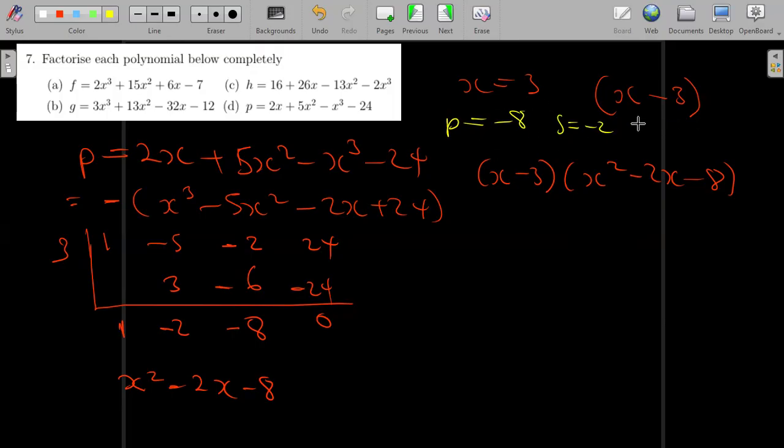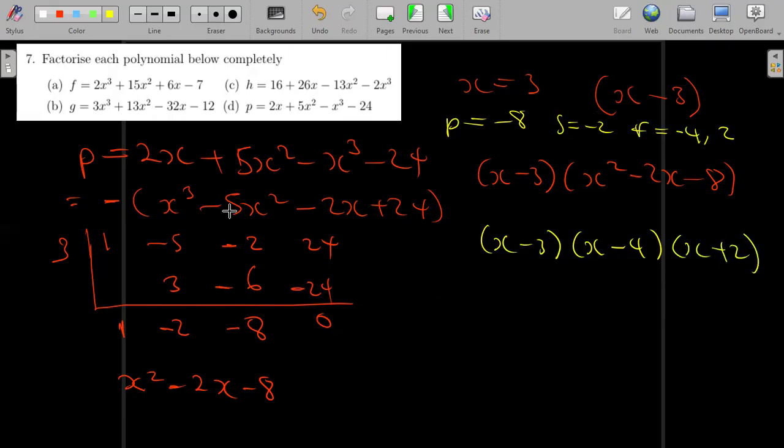Those numbers are 4 and negative 2, or rather negative 4 and 2, because when we add these we get negative 2, and multiply, we get negative 8. I know you know how to do that. So this gives you x minus 4, then you have x plus 2.